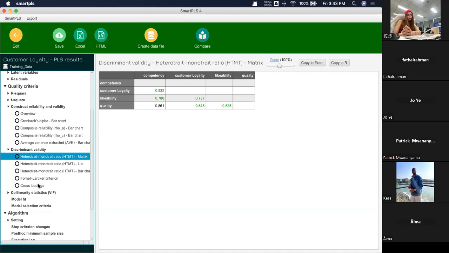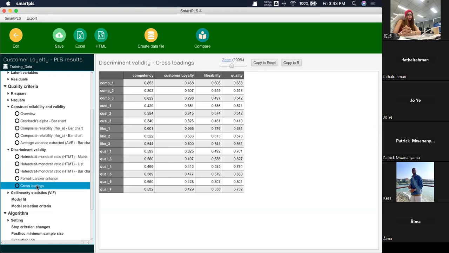Now, the next thing is cross-loadings. Cross-loading is about the least rigorous criterion for discriminant validity. What cross-loading is telling us is that the indicators of a particular construct must be highly loaded on that construct and not significantly loaded on other constructs.